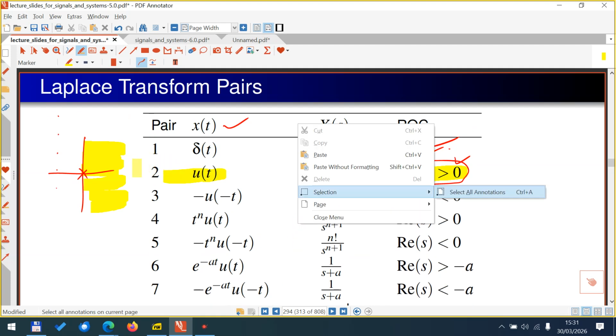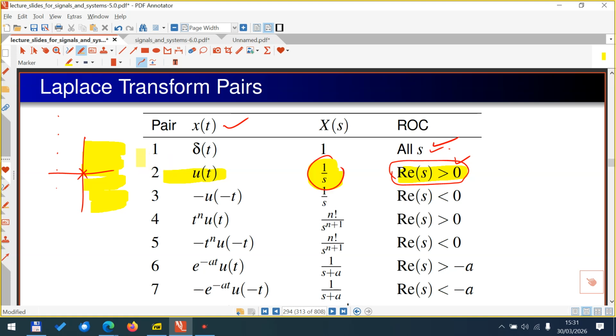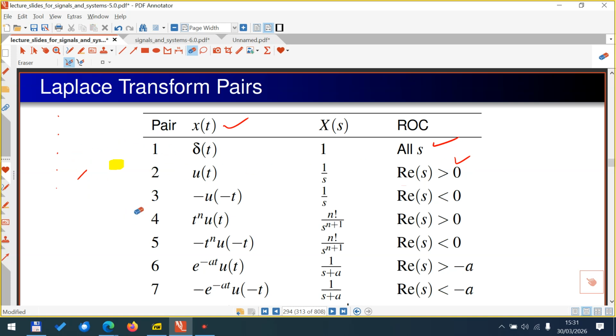So now let's get to how we will prove this result, delta of t. So how should I do that? Laplace transform of delta of t, and then evaluate at s. So the integral must be from minus infinity to plus infinity, then delta of t, then e to the power minus st, then dt.